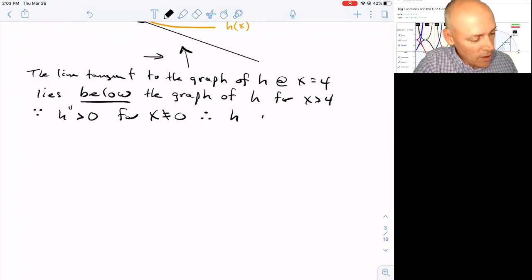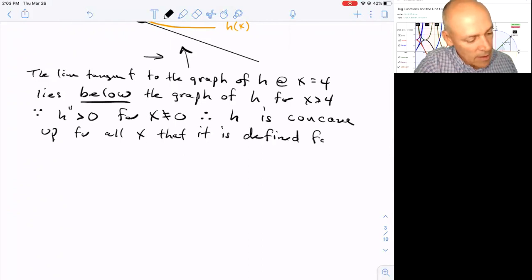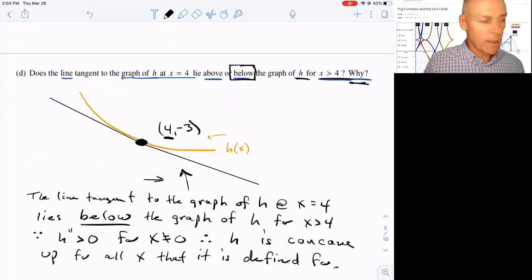Therefore, h is concave up for all x that it is defined for. Okay. Nice. So part D, really not too bad.